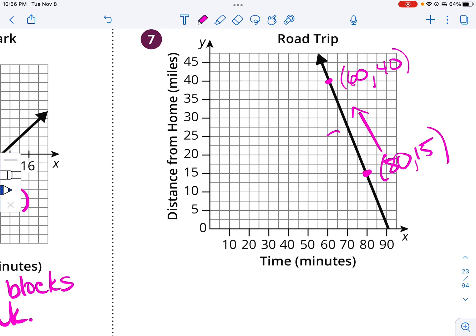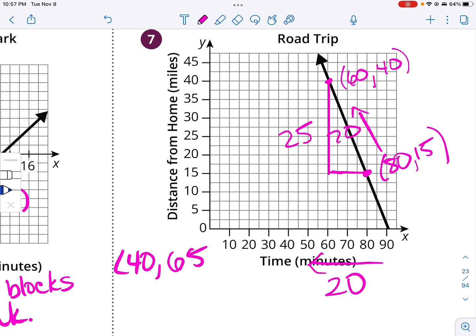So every 20 for the x, it goes up 25. So when x is 40, the y is going up by 25, so that would be 65.